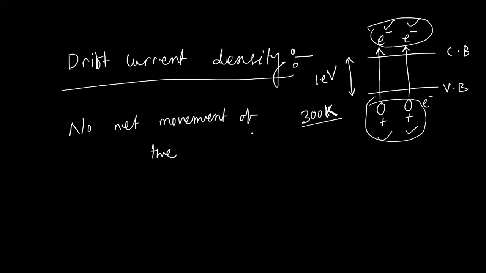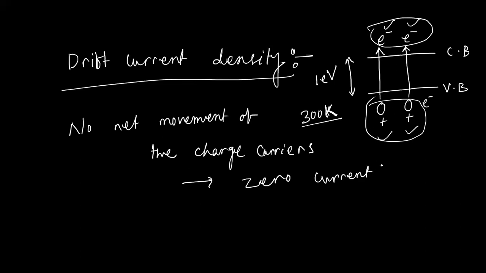You can consider all the random velocity vectors and add them vectorially, and you will get a net velocity of zero. So the net movement of the charge carriers is zero, which means the current will also be zero. That is because of the random movement of the charge carriers in the conduction band and the valence band.